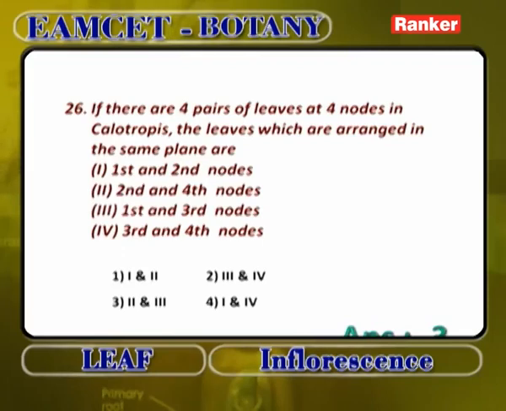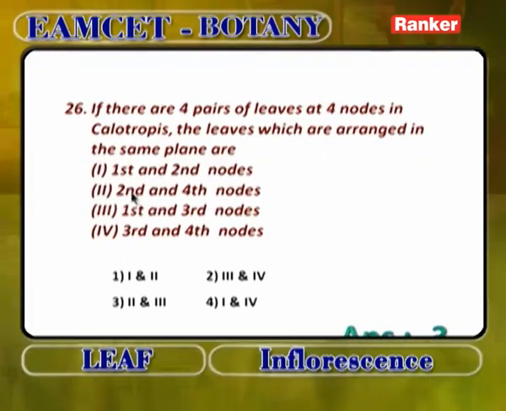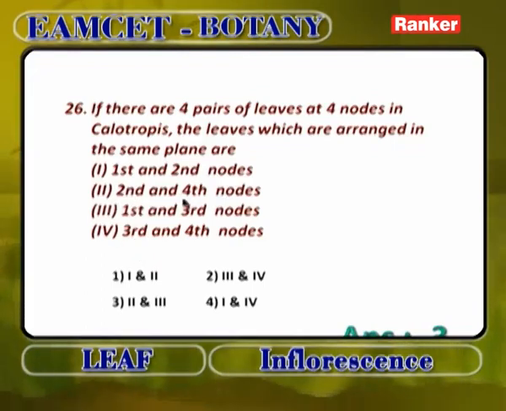Next, if there are 4 pairs of leaves at 4 nodes in Calotropis, listen carefully. The leaves which are arranged in the same plane are the first and third nodes, and second and fourth nodes. Why?